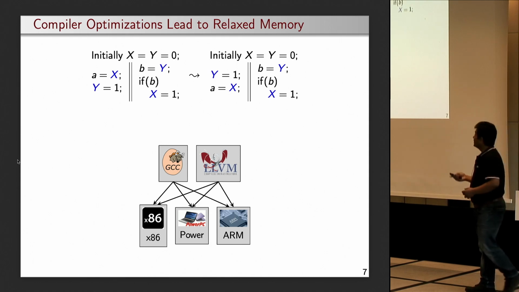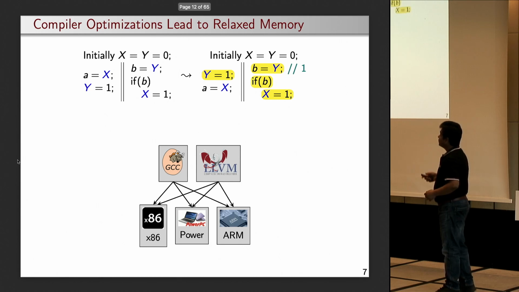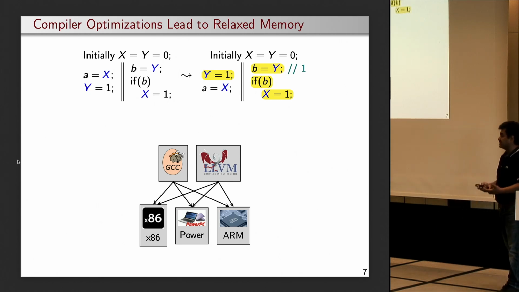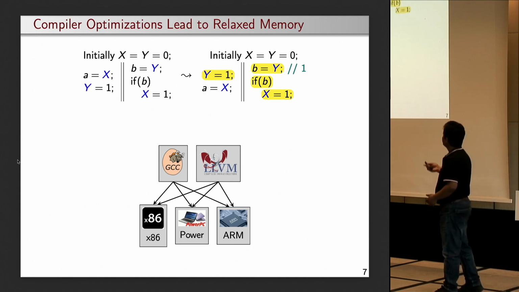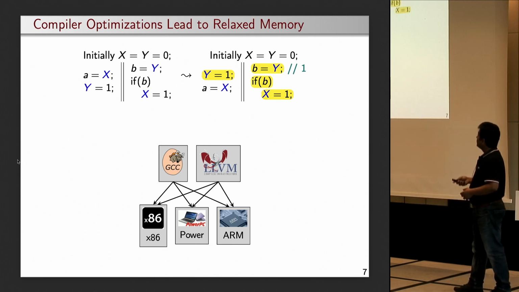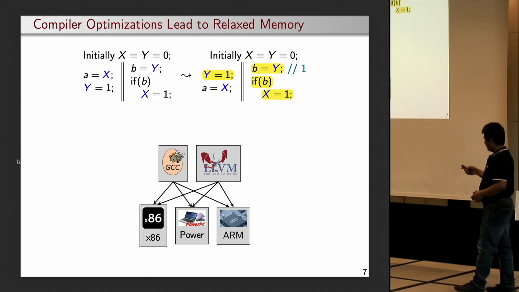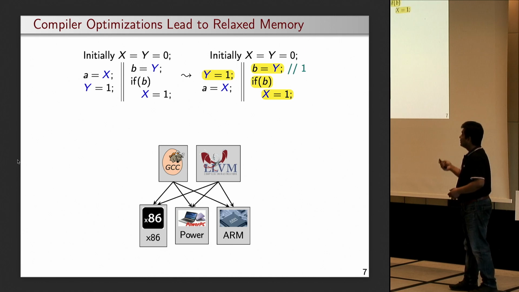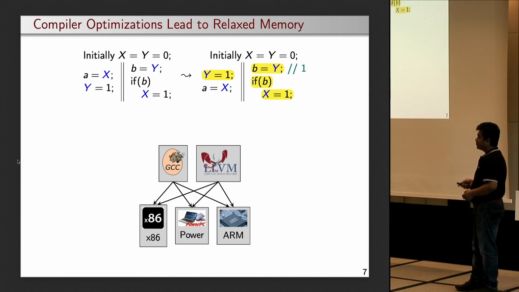And after reordering, it is possible to have an interleaving execution when we are running on x86 or even sequentially consistent processors. We can see that we can first execute Y equal to 1, then run the second thread. So we get the value B equal to 1 here, which writes the value X equal to 1. And then the second thread completes.